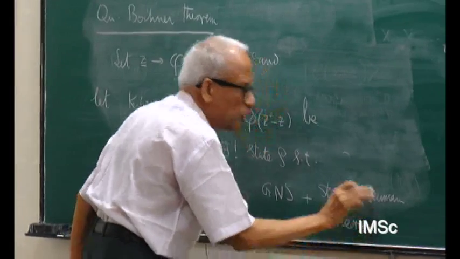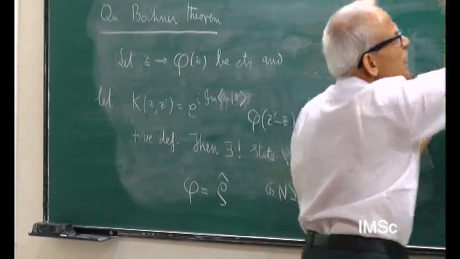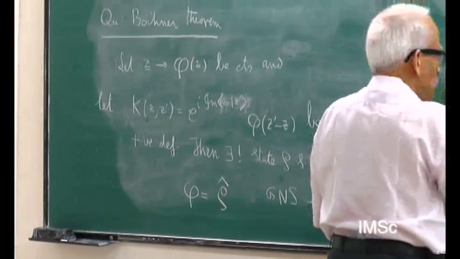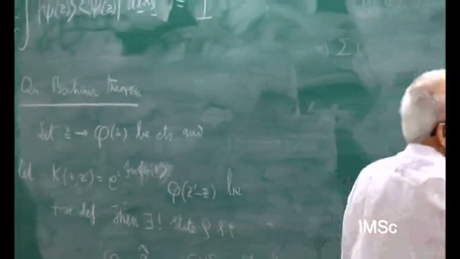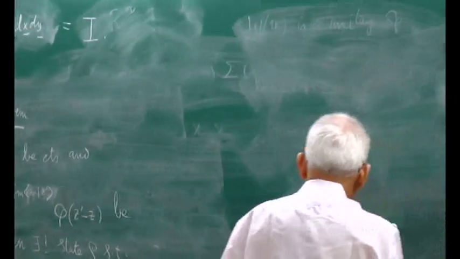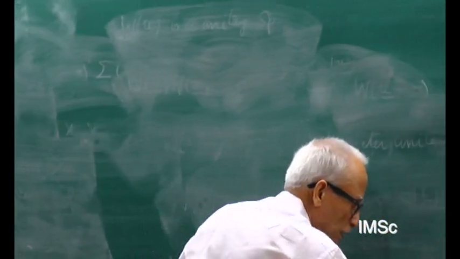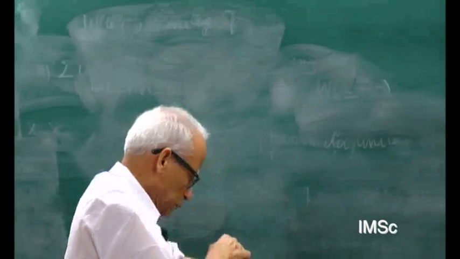And the Stone-von Neumann theorem in the following form. That is a property of the Weyl commutation rules. Namely, I forgot to put down early, what I say now should have been told earlier.